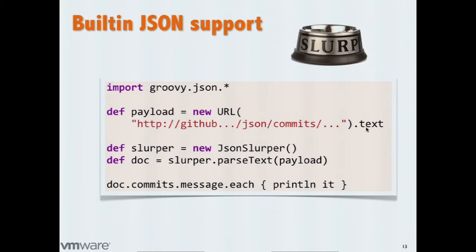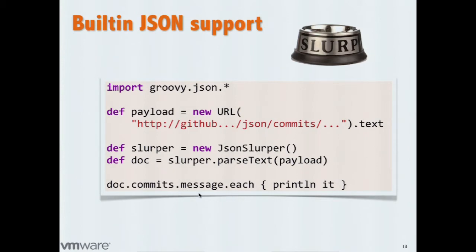So I retrieved the remote payload. Then I instantiated the JSON slurper class, whose API looks like the XML support. It's got a parseText method, which I can call on this text JSON payload, and then, although I didn't define any intermediary data structures, I can directly go through the JSON graph and say, okay, I want to retrieve all the commit nodes in that graph.